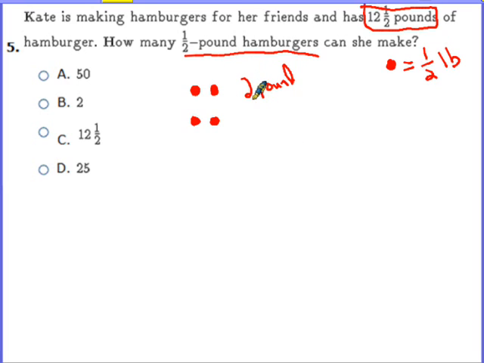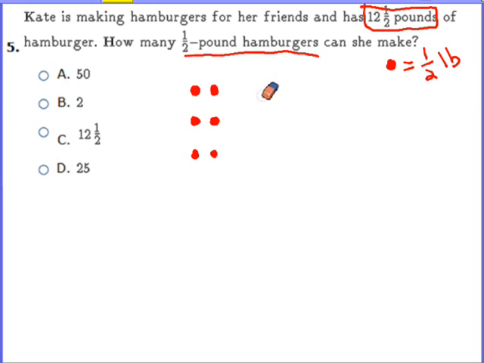I've used up 2 pounds. You see, because that's a half, that's a half, that's a half, that's a half. So together that is 2 pounds of hamburger meat. And then do another one. And so now how many pounds do I have? 3. Because that's a half, so that's 1 pound. Half, half, that's another pound. Half and a half, that's another pound. So 3. So you kind of get the idea of what I'm doing here.